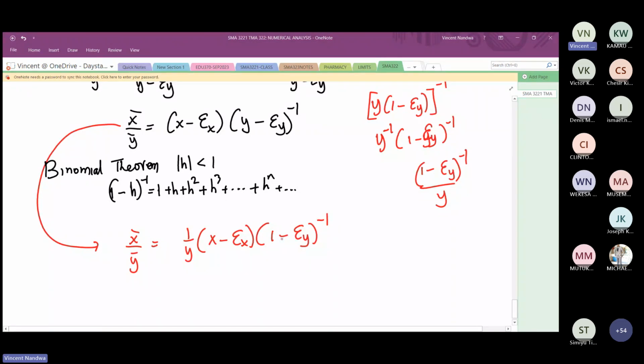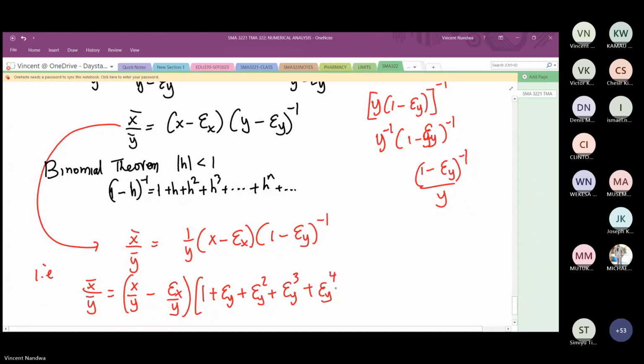Then we apply the binomial theorem to this term and say that x bar over y bar is (x over y minus error in x over y) into (1 plus error in y plus error in y squared plus error in y cubed plus error in y to the power of 4 plus other several terms, error in y to the power of n), just by the binomial theorem. That is what is generating that quantity.